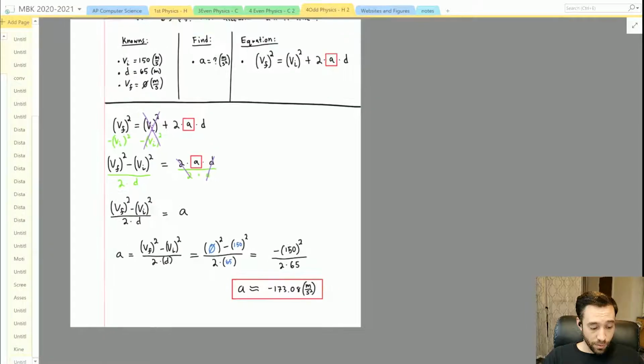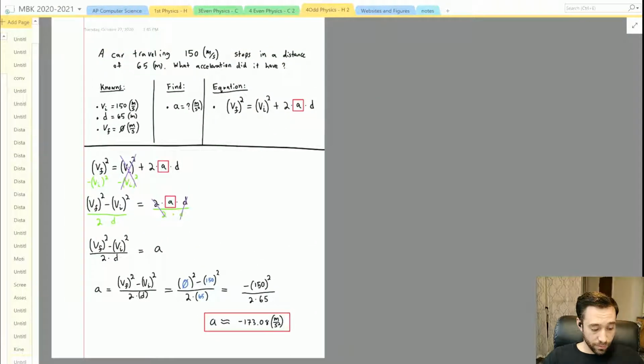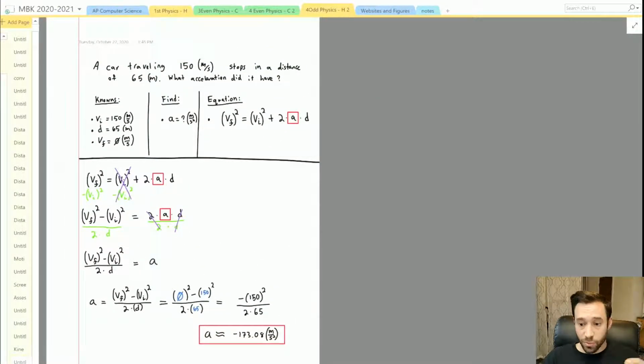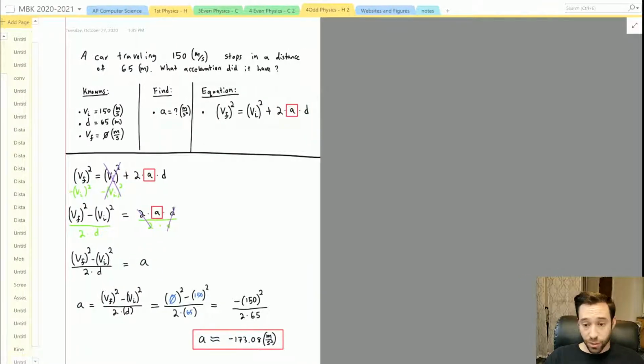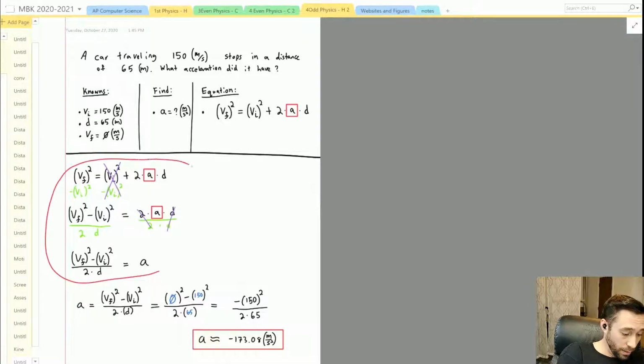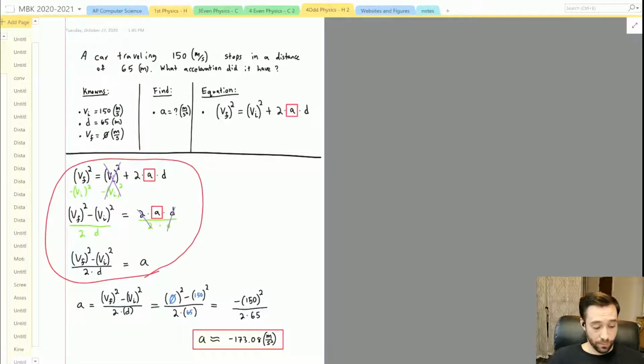So this is what the problems look like. Now, imagine how much quicker we can get through problems if we didn't have to do any of that. Do you see how much simpler the problem will be? If this was gone, we would only have to do this part.